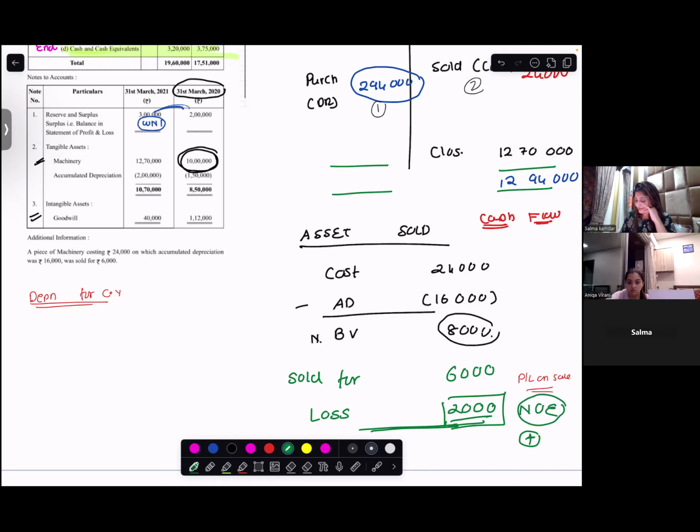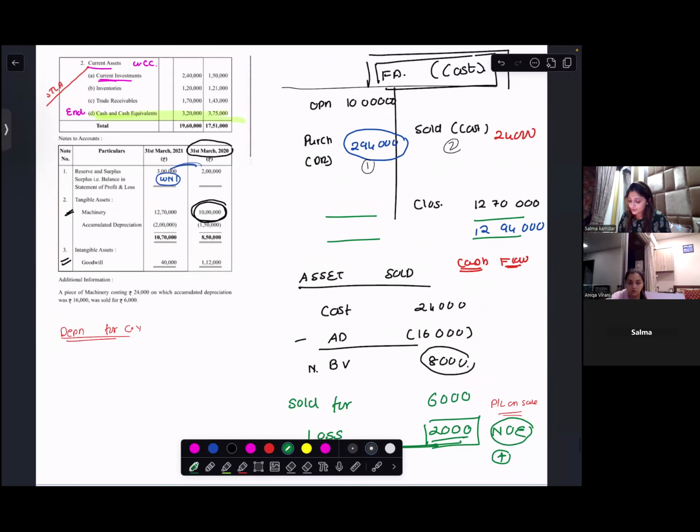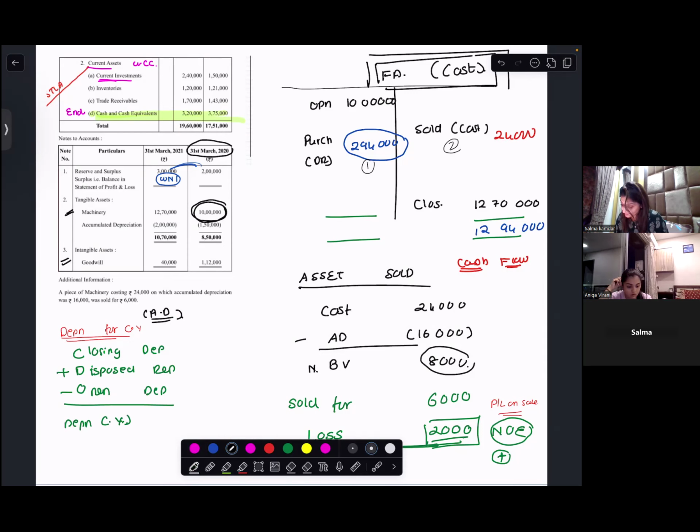Then depreciation for the current year. I'll give you a formula where you don't have to make the account. The formula is CDO. You write the closing depreciation, then depreciation of the asset disposed, minus the opening depreciation. You get depreciation for the current year. But here you take the accumulated depreciation only. Fill in. Closing depreciation, how much? 2 lakh.